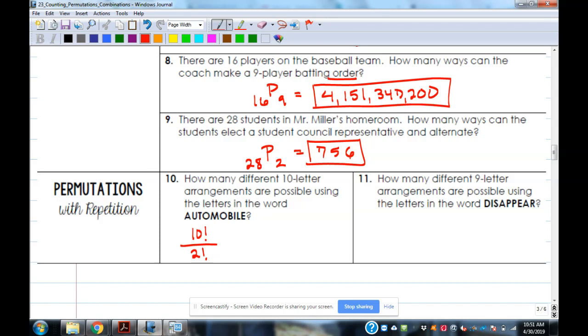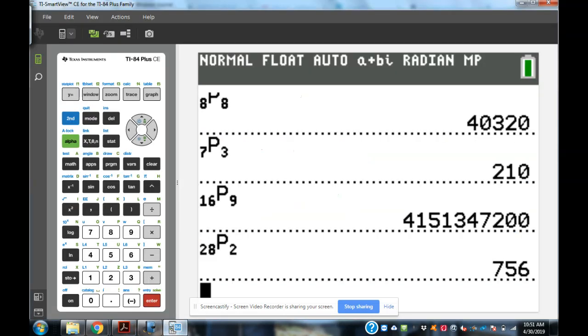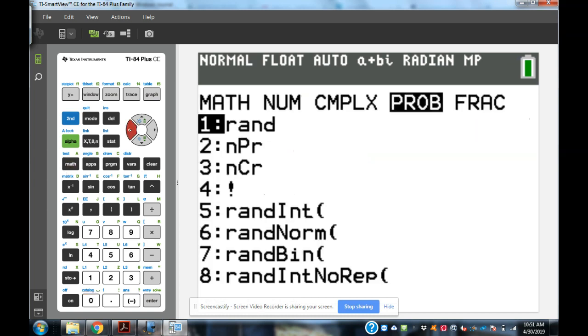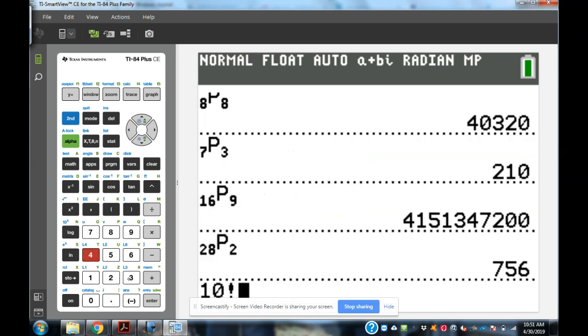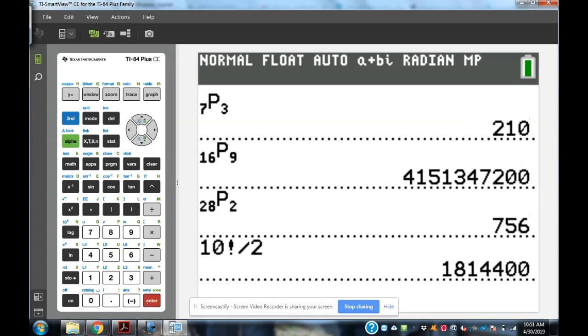So you're going to divide that out. 10 factorial divided by 2 factorial. 1,814,400.